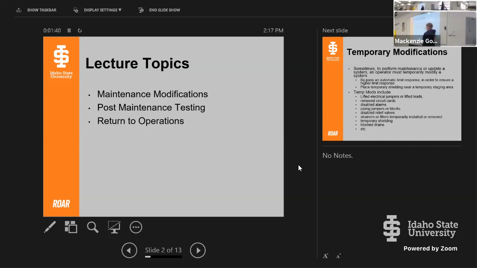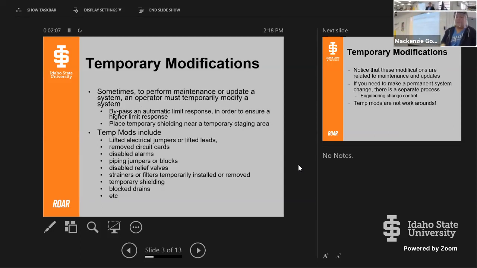We're going to talk about the process for post-maintenance testing and some of the drivers and some of the different responsibilities that the engineers and the operators are going to have for doing this process. And then we're going to talk about our return to operations process and a few definitions of terms that have a very specific meaning when we're talking about maintenance.